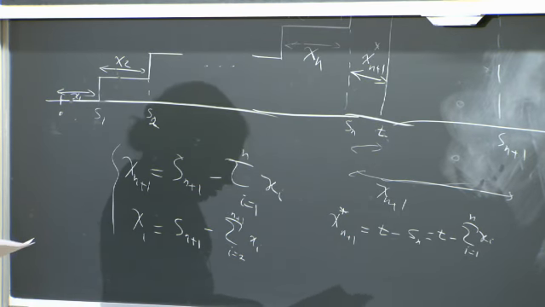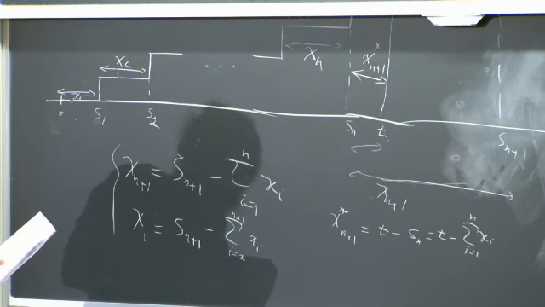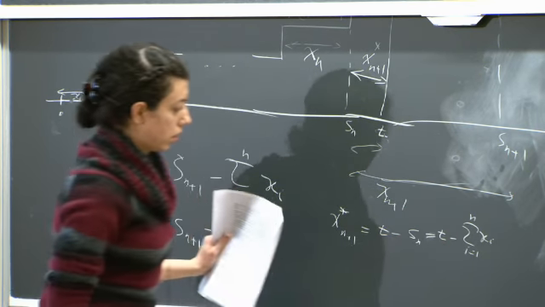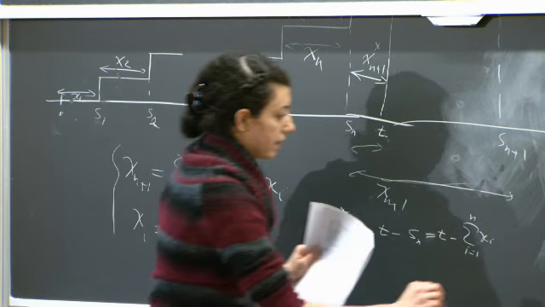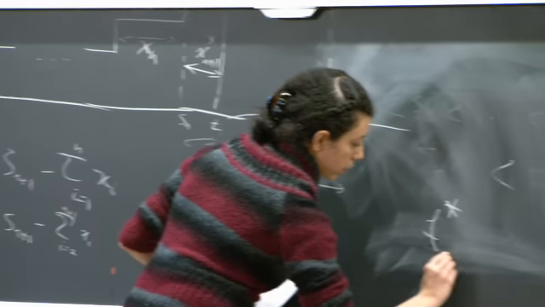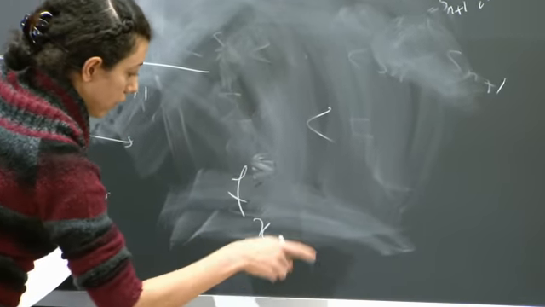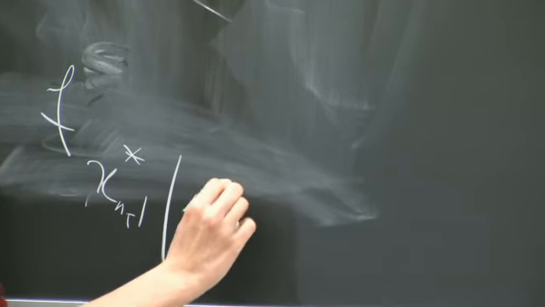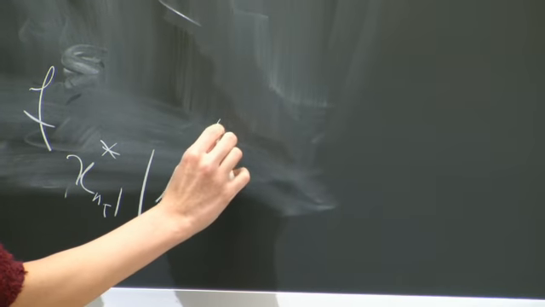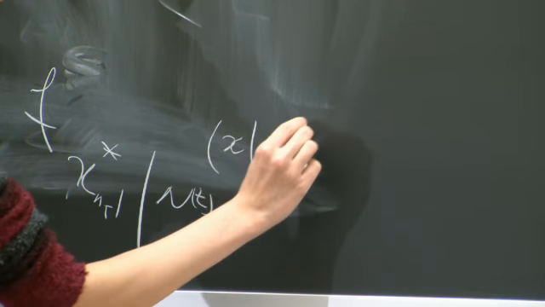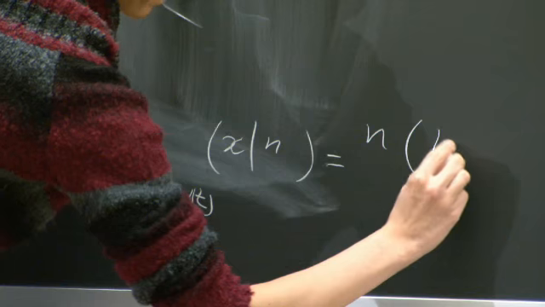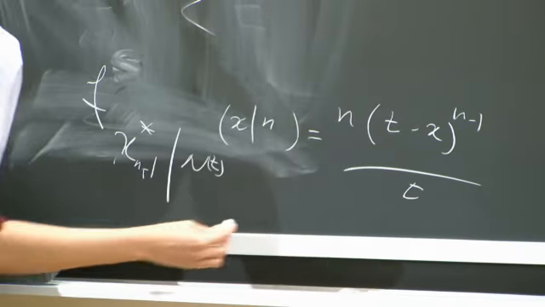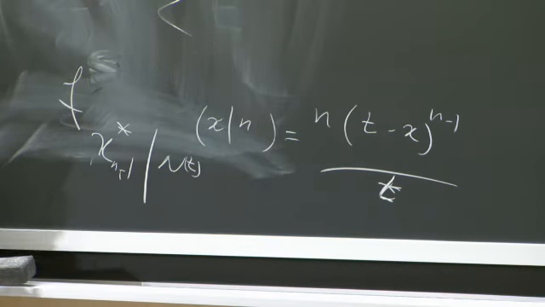So just as a sanity check, you can find f of x star n plus 1 conditioned on this.